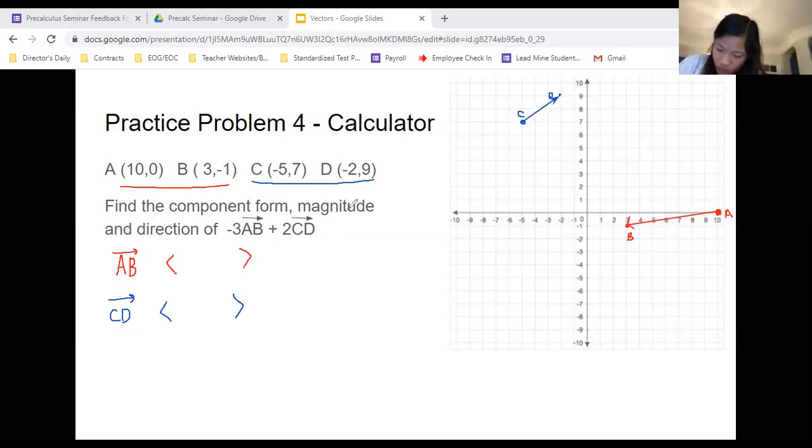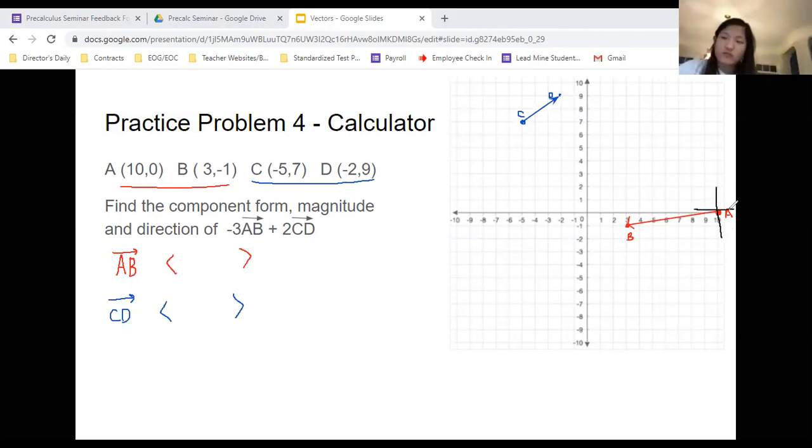Alrighty, so the first thing we want to do is, I plotted my vector AB and my vector CD. Now I won't do this one graphically because I don't have enough room on my graph here, so we'll just do it in component form. The first thing I need to do is find my component form. With my vector AB, we're talking displacement here.